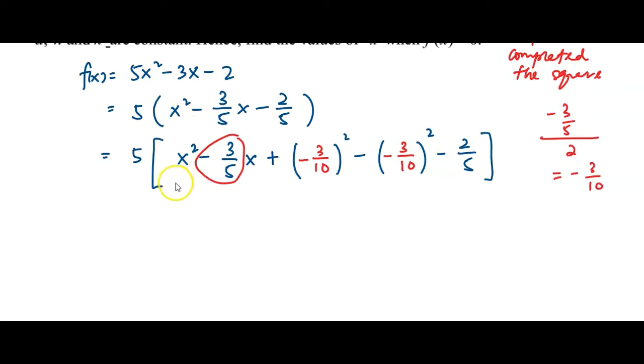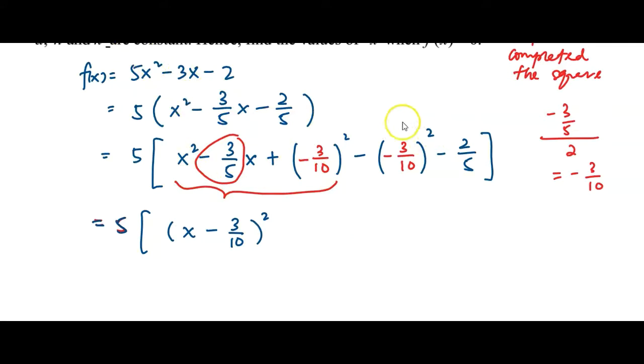After we have done this, we can factor the first 3 terms into the form of x minus 3 over 10 square. If you do not believe, you can expand this back, expand the square. You will get back the first 3 terms here.